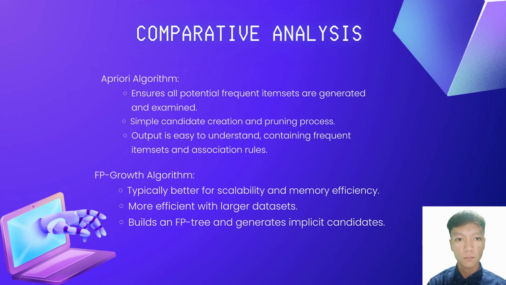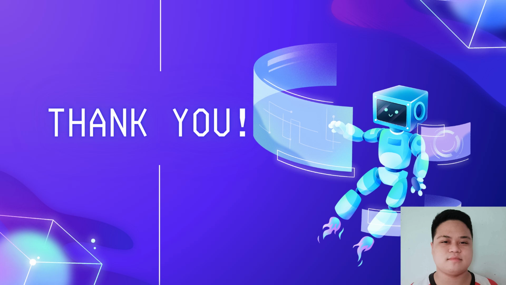However, the choice between the two algorithms depends on various factors, including dataset properties, computational resources, and specific requirements. While FP growth may be more efficient in many scenarios, Apriori remains a viable option, particularly for smaller datasets where simplicity and interpretability are prioritized.